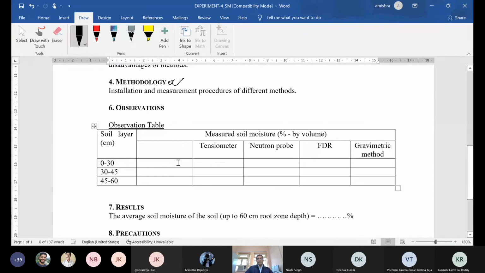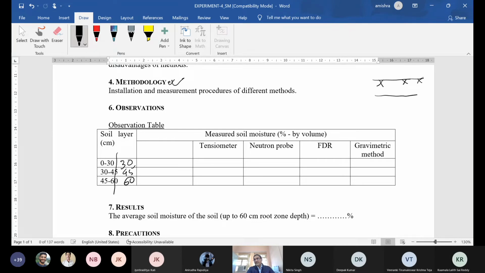Then I will be giving you observations for three layers, or basically 3 points: 30 centimeter depth, 45 centimeter depth, and 60 centimeter depth. So these are the observations. However, suppose we are assuming soil as a layered system. This is just for your understanding.